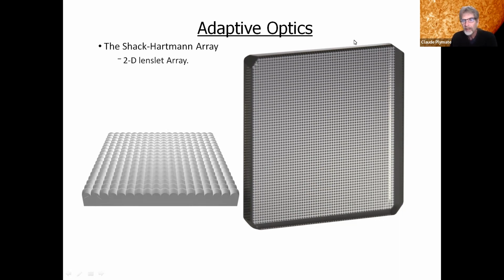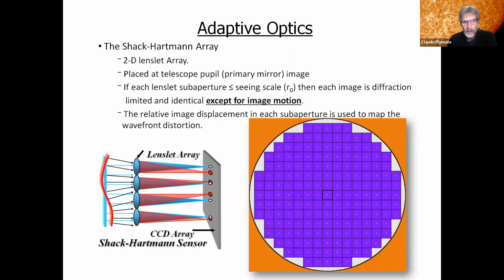Now, this optic on the right is actually about a 2-inch optic, and each of those circles is a separate lens. If we place a pupil image of the telescope on that array, each lenslet will image what that part of the telescope pupil, that part of the primary mirror, is seeing.